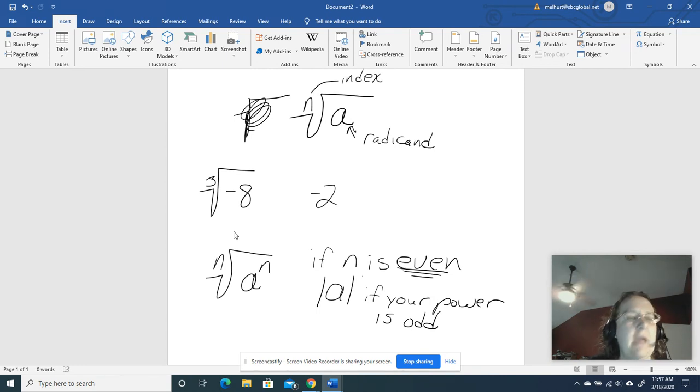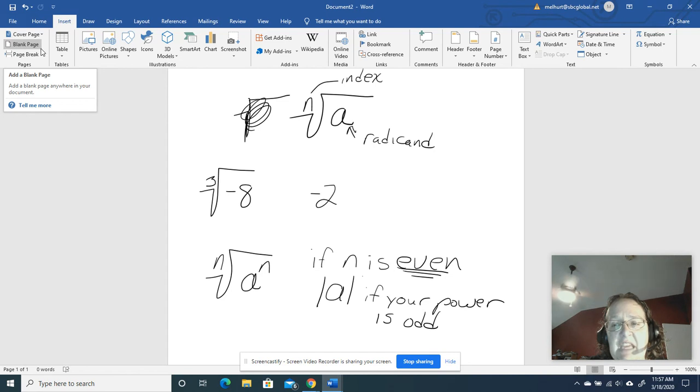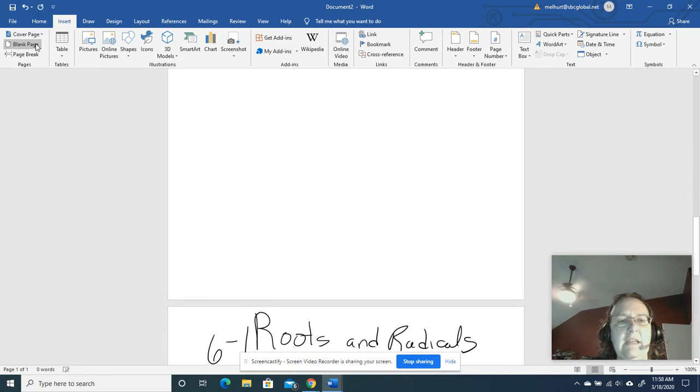I can tell you that Math Excel, I've already had a couple of questions on that. Math Excel will be kind of picky on that, so just be aware. We're going to work a couple of examples. If the power that comes out is even, you don't have to worry. But if your power is odd, you do have to slap absolute value bars around them, but only when n is even.